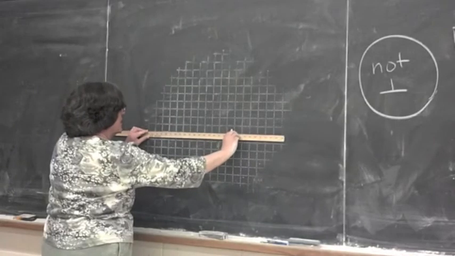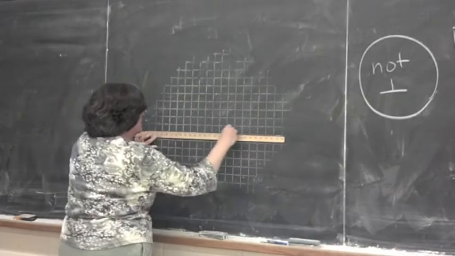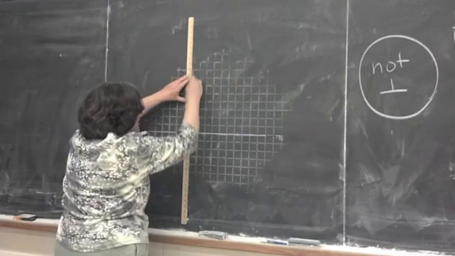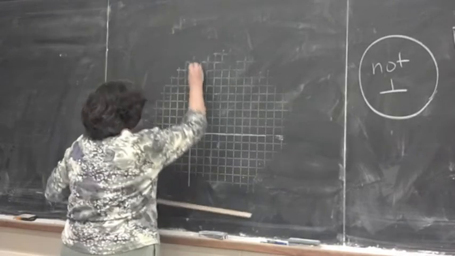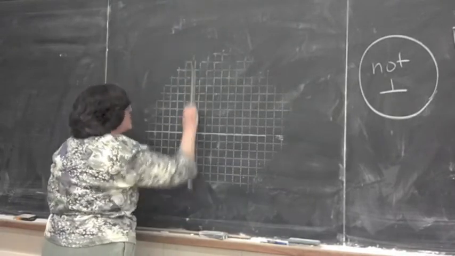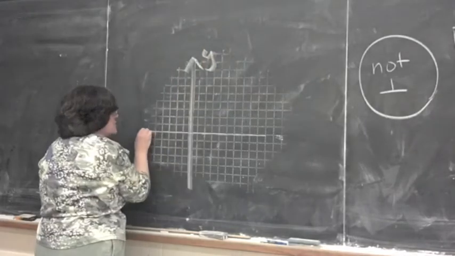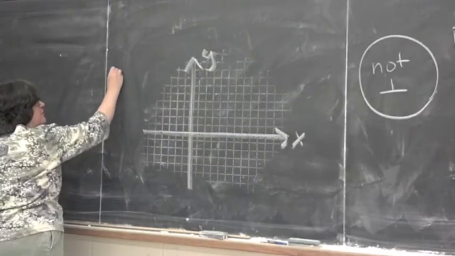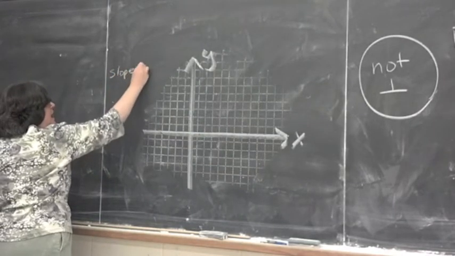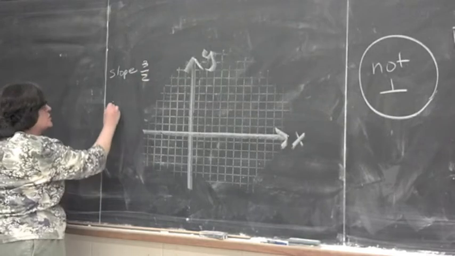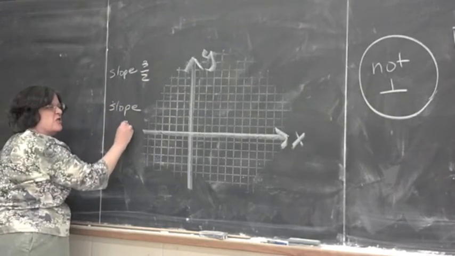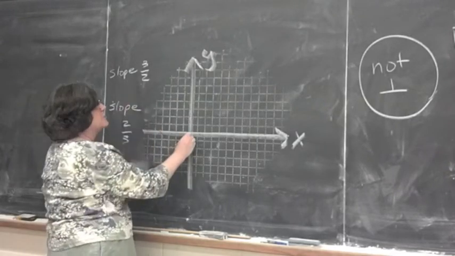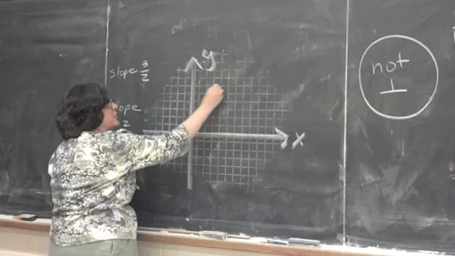So here we've got, just real quick, I want to compare. Here's our x, here's our y, here's our x. Let's do a slope of 3/2 and then a slope of 2/3, just so you can see that they don't even look perpendicular. So 3/2, up 3/2, up 3/2.